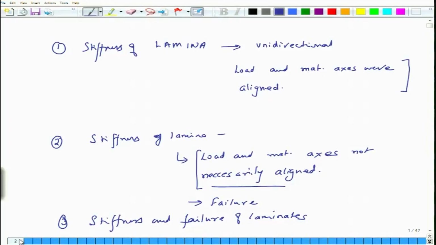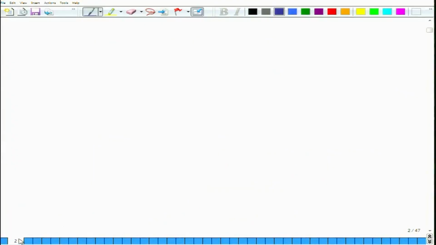So, what is a laminate? It is a series of lamina, individual layers of composites, and they are all glued together. If you look at its cross section and you zoom in, it may have several layers of composites.